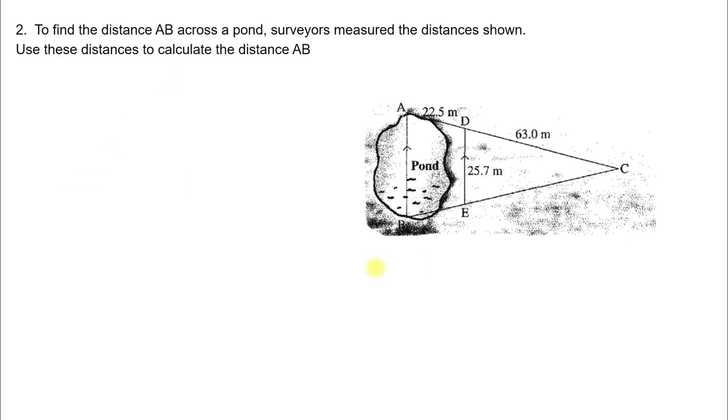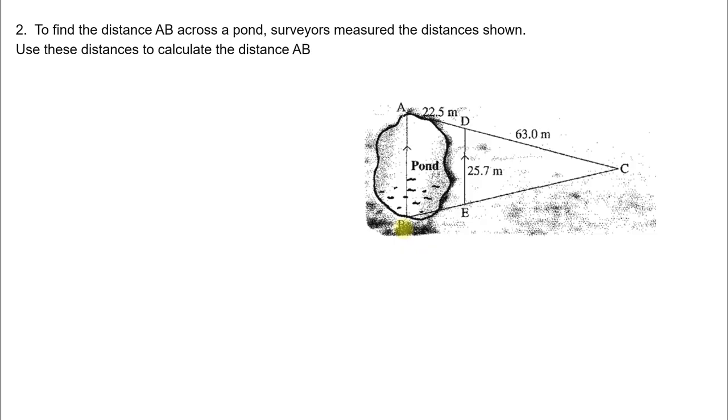To find this distance AB across the pond. So here's A, and here's B down here. It's a little bit difficult to see. Measure the distances shown. Use these distances to calculate the distance of AB.